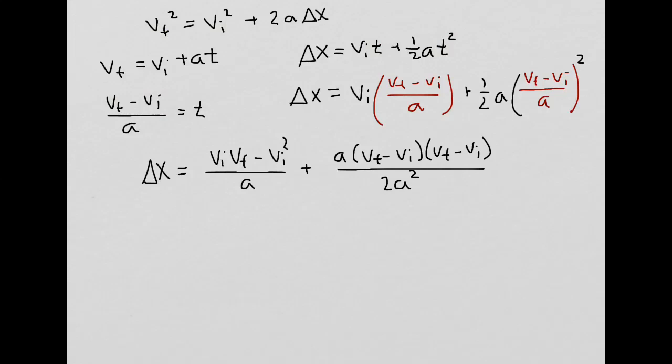I need to get a common denominator, so I'm going to multiply the first one by 2, so I can have 2a on the bottom. And I'm going to FOIL out this guy, the one on the right, and then I can cancel off an a.